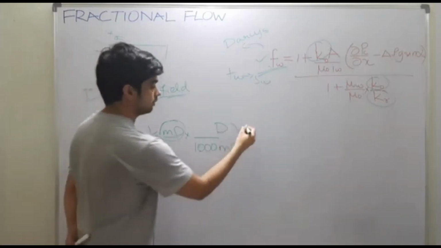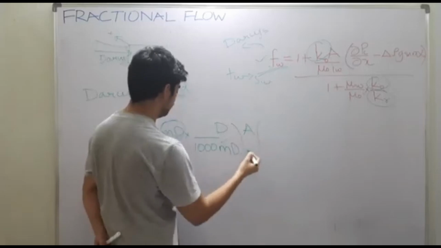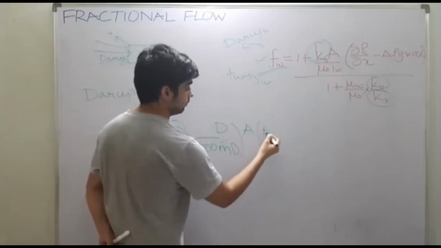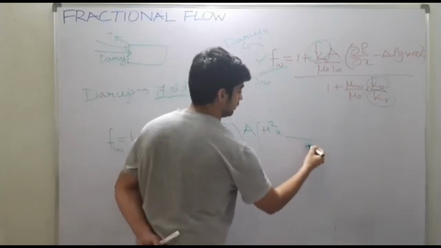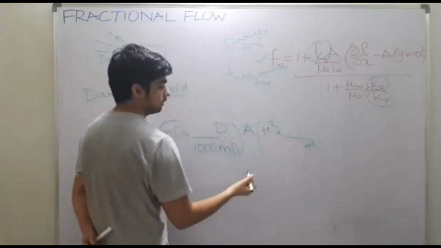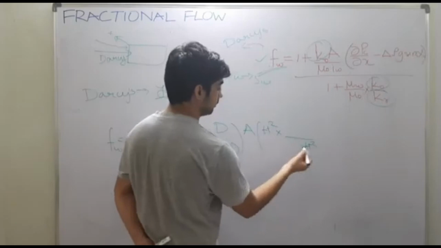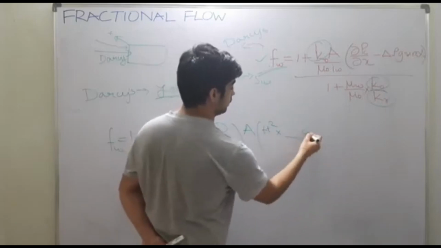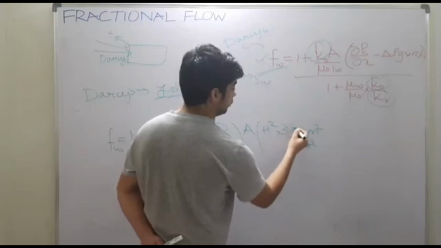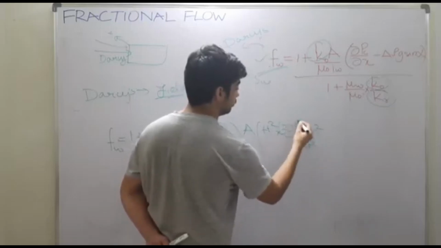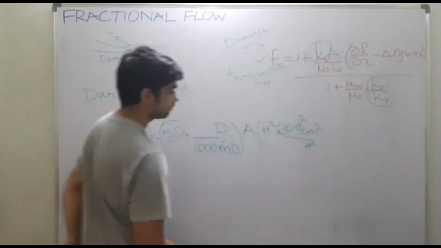Similarly, area can be feet square. Feet square has to be removed. Therefore, 1 feet has 30.48 centimeter, so feet square is 30.48 centimeter square.